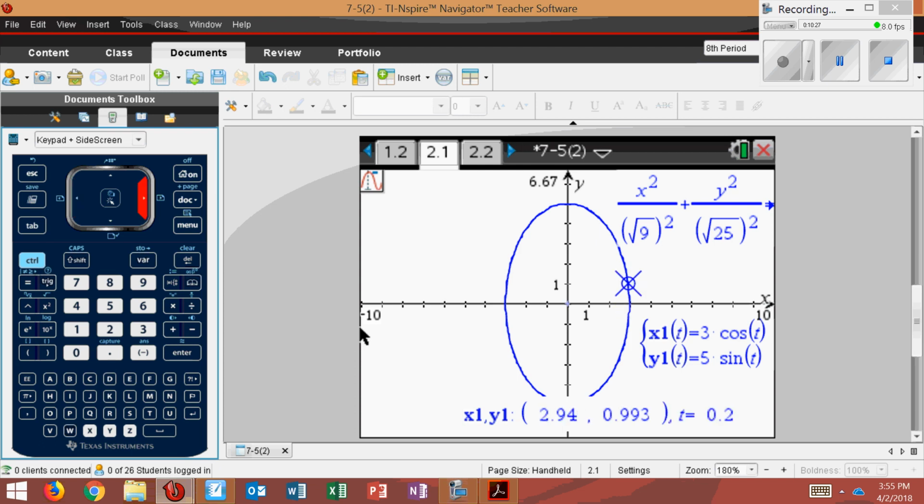And as we move on, it moves counterclockwise. This would be pi over 2, so it should be about 1.57, which it doesn't show. This would be the value pi, so it would be 3.14 if we hit exactly on the x-axis here. This would be 3 pi over 2, and if you went all the way around, you'd have 2 pi, which is 6.28 right there. And so you can see how these work.